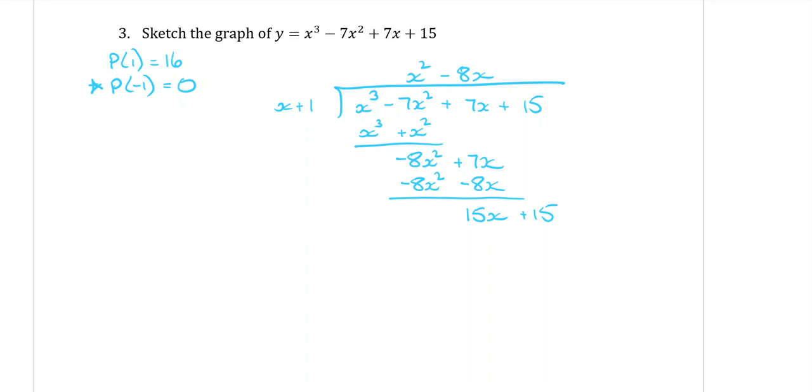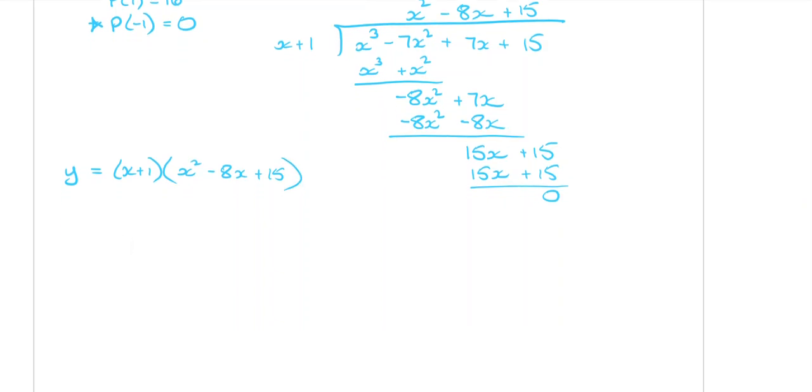Dividing 15x by x, we get 15. Timesing it together, we get 15x plus 15, which means we have a 0 remainder, which is good. So my equation has x plus 1 as a factor, and the quadratic on the top will give me my other two solutions.